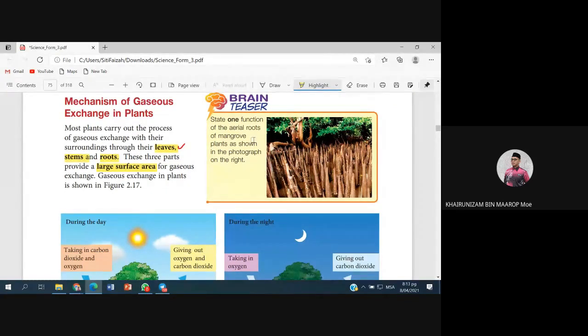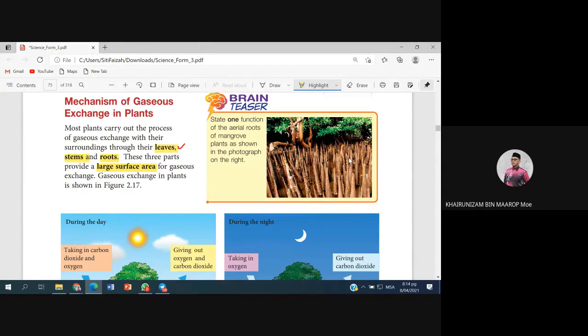Okay, if you look at the branches here, state one function of the aerial roots of mangrove plants as shown in the photograph. Can you state one function of the aerial roots of mangrove plants?